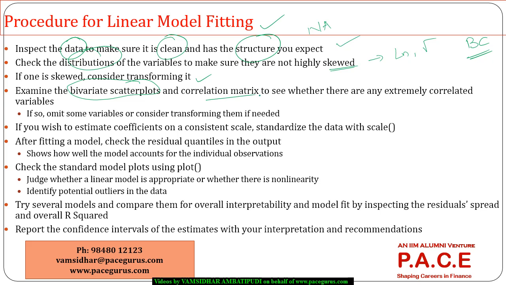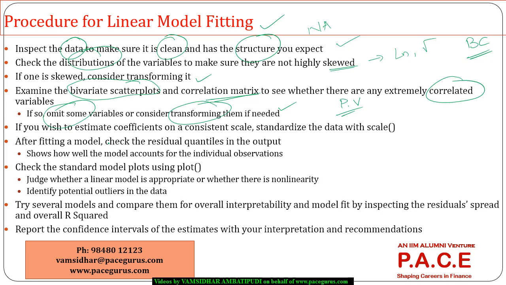Wherever required, go with a correlation matrix. See the level of correlations existing between the variables. If the predictor variables are very strongly correlated, see that some of them can be omitted, or if required, some can be transformed as well. So that is one exercise you can typically do.